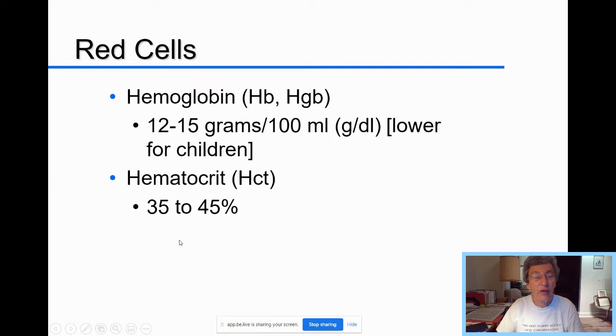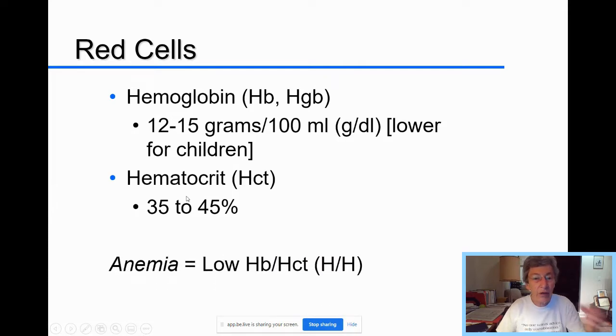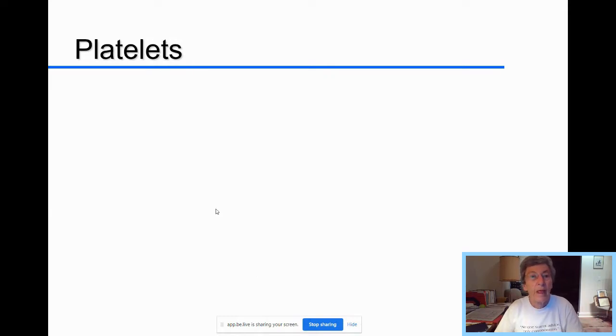Hematocrit is obtained by spinning the blood and looking at the percent of the spun cells that are the red cells, as I showed. The normal is 35 to 45%. And anemia is sometimes expressed as low H&H or low hemoglobin and hematocrit. It's not really a ratio, even though it looks like one. It's just hemoglobin, should probably say comma hematocrit, not this slash.